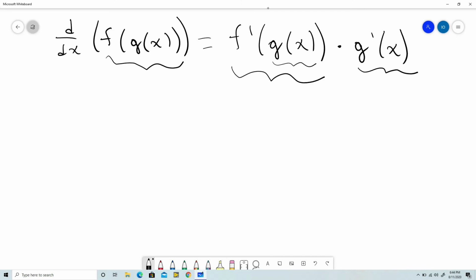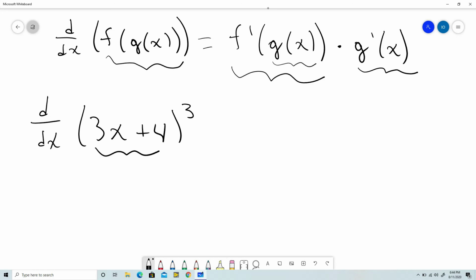So let's look at an example. Say we have d over dx of 3x plus 4 cubed. Now we're going to imagine that 3x plus 4 isn't there. We're focusing on the outer function, which is the exponent. So look at it like this. Imagine there's a blank.